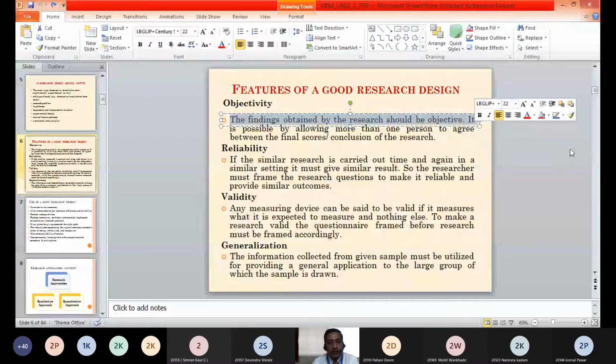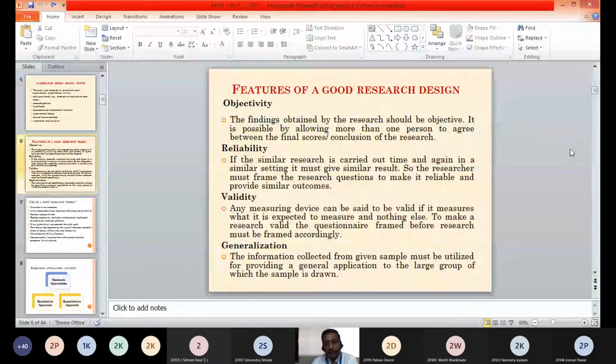Objective in nature means there should not be any bias. Findings should not be inclined or favored by the management or the customers. All those findings need to be independent. It is possible by allowing more than one person to agree on the final scores or conclusion of the research.